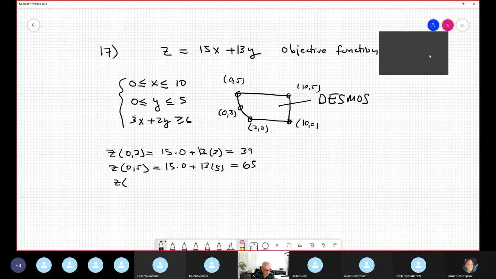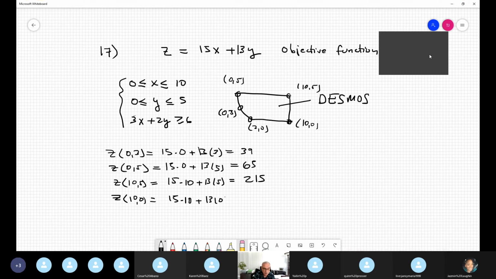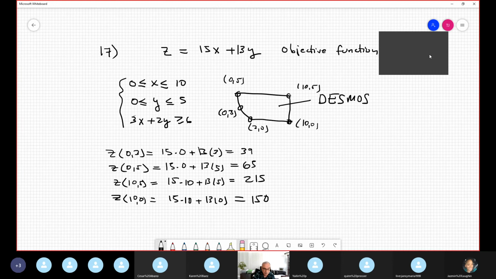You evaluate Z at (10,5). It is 15 times 10 plus 13 times 5, which is 215. You evaluate Z at (10,0). 15 times 10 plus 13 times 0 is 150.